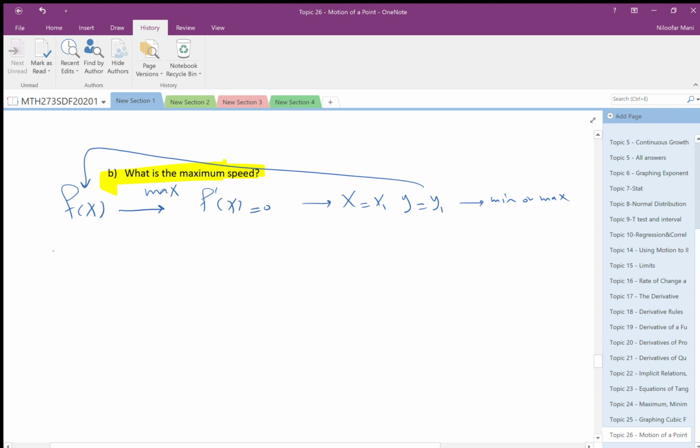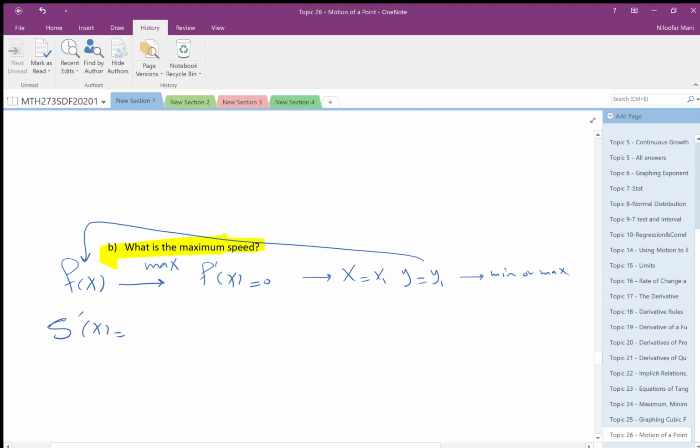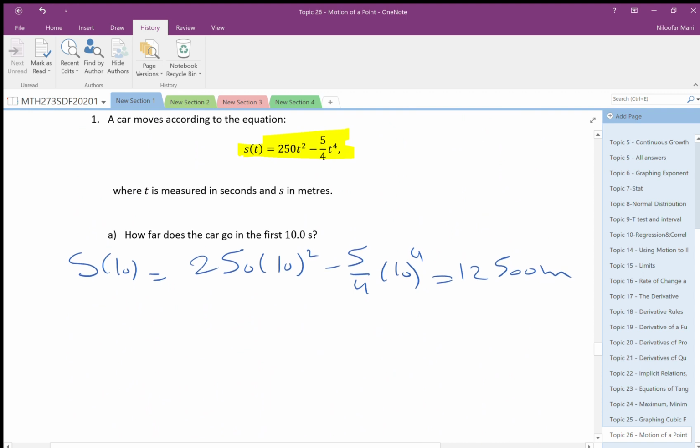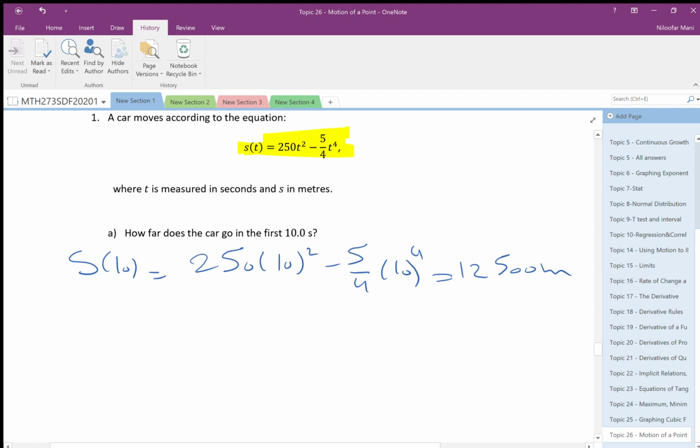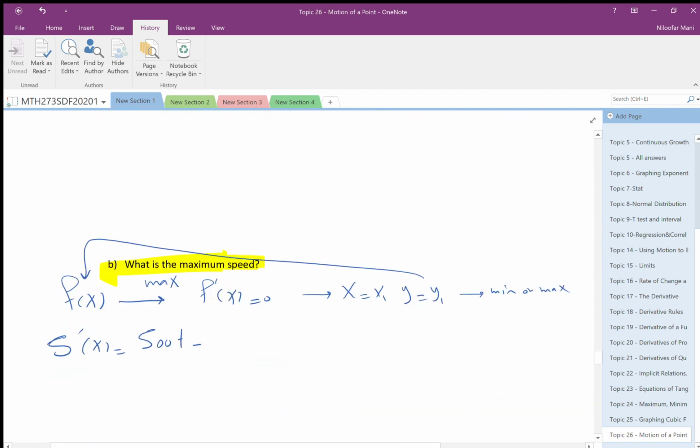Because it says speed, s prime is 500t minus 5t cubed, right? Okay, this is your function.